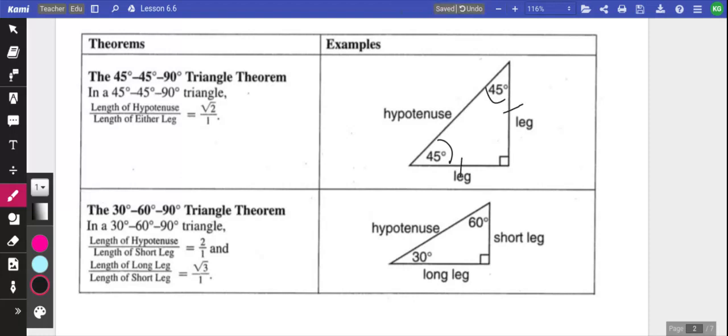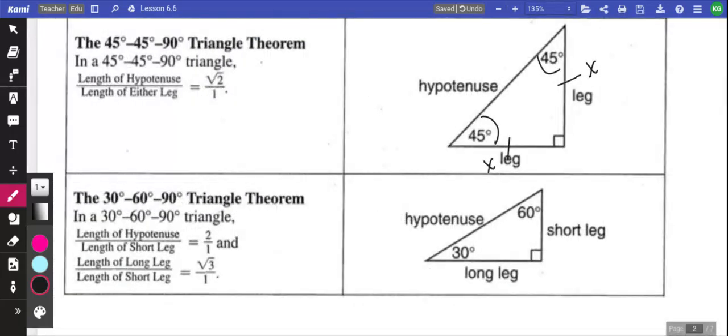If I let both of the legs be x and use the Pythagorean theorem, I have x squared plus x squared equals hypotenuse squared. Then 2x squared equals hypotenuse squared; divide both sides by 2 and take the square root.